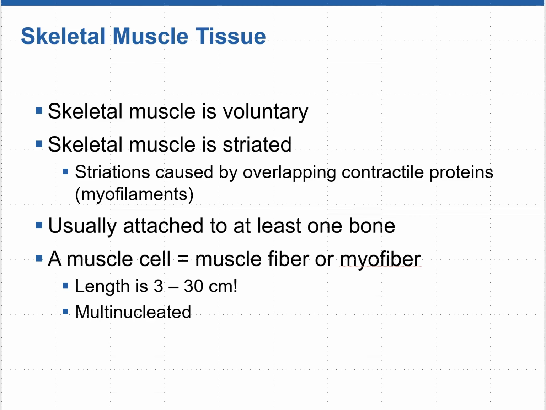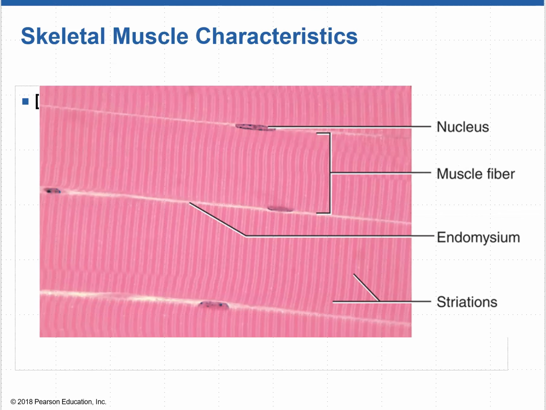These are both prefixes used for muscle tissue. The muscle fiber is about 3 to 30 centimeters in length, and multinucleated. If you remember the structure of muscle tissue, they are multinucleated because they are fused to form long fibers.